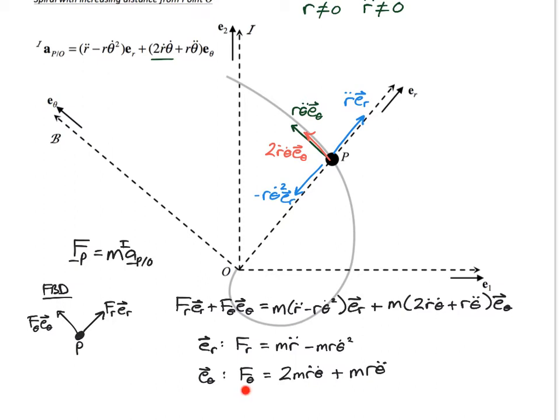And then moving down to the F theta term, let's look at the one that we've already talked about before in a previous screencast, which is the m r theta double dot. And this is what's going to be accelerating or decelerating the particle around the curve. But now we have this extra term to deal with, this 2m r dot theta dot.